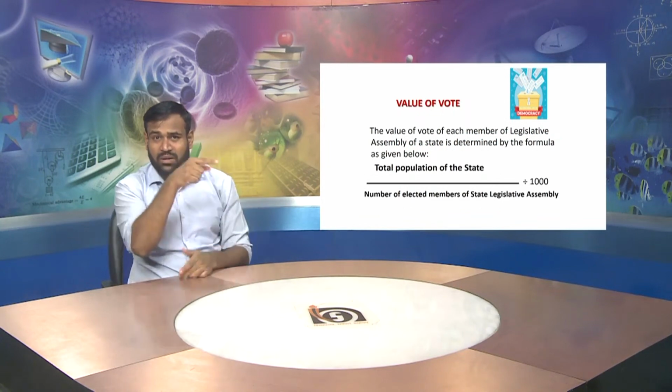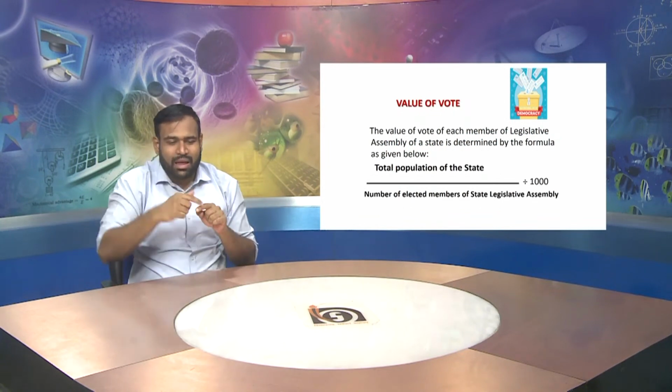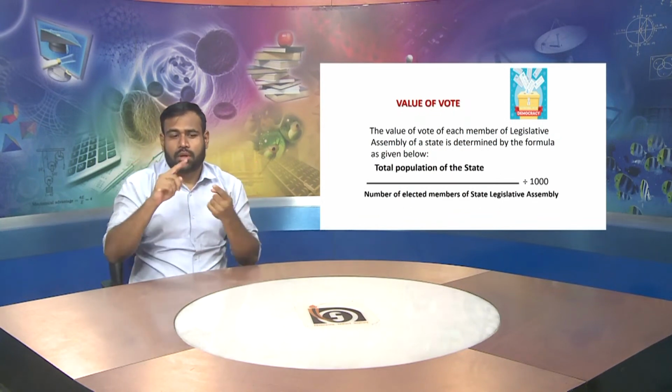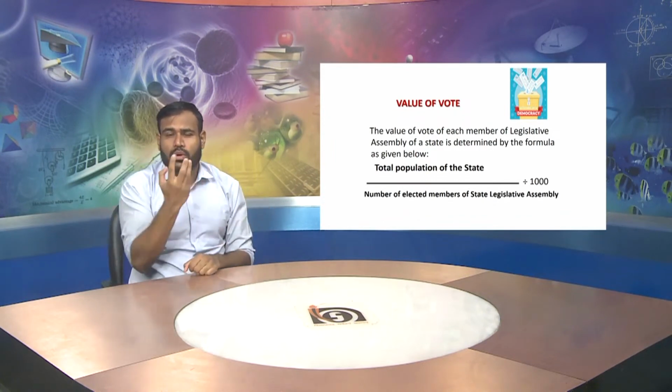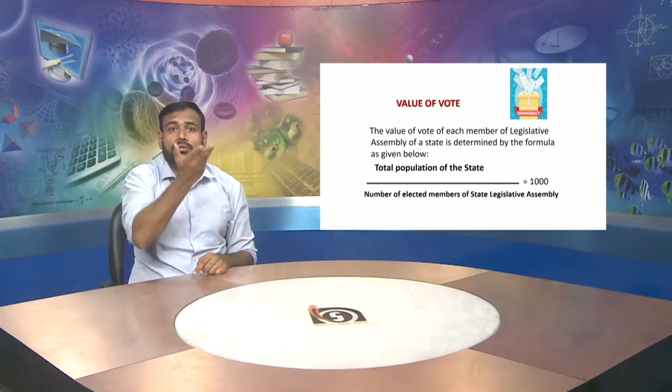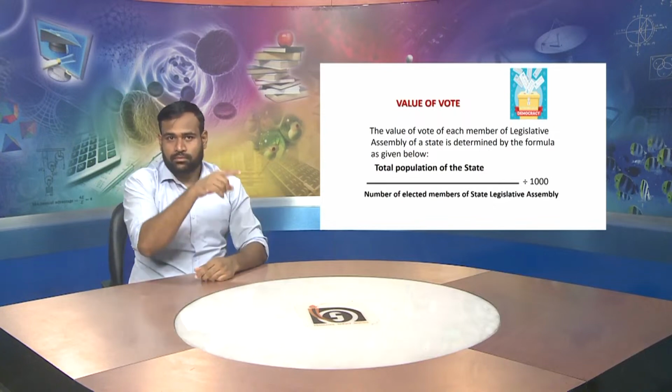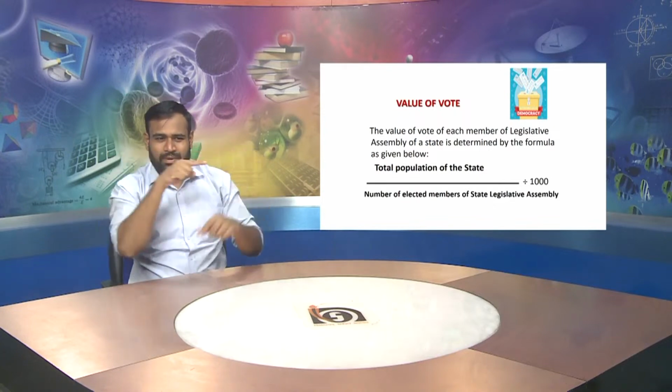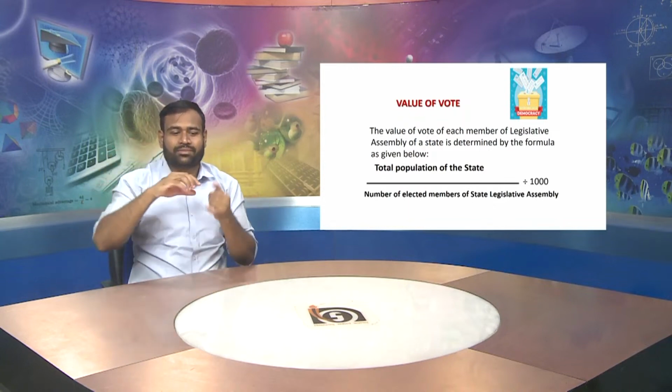Now let us understand the value of vote. The value of vote of each member of legislative assembly of a state is determined by the formula, as you can see on screen. This formula helps you count the number of votes.